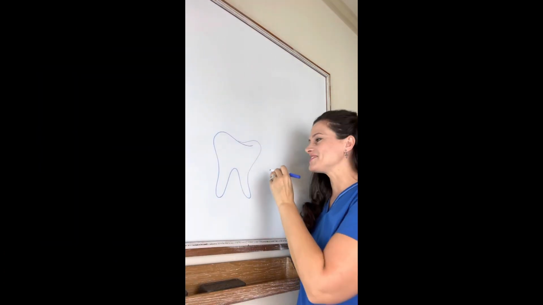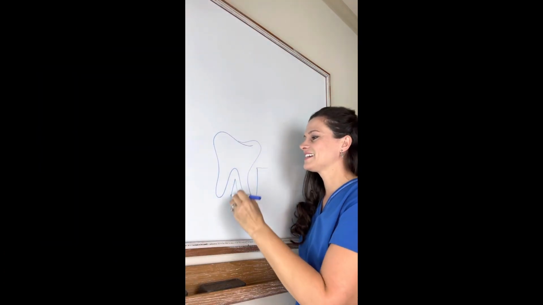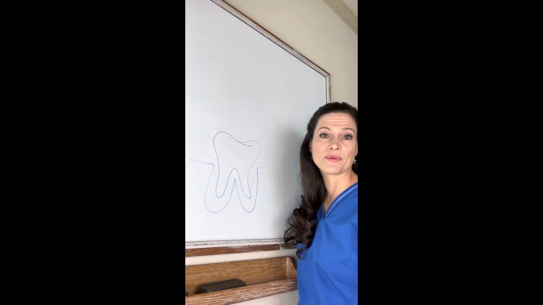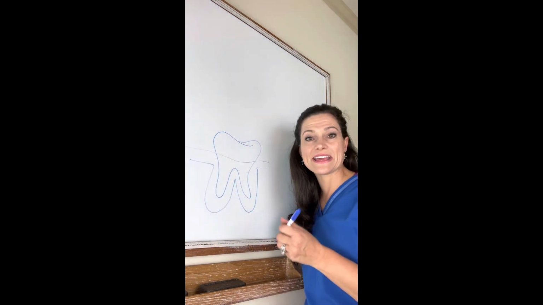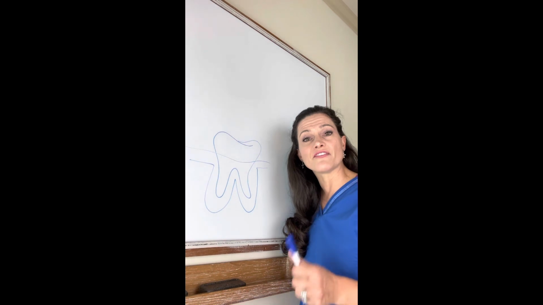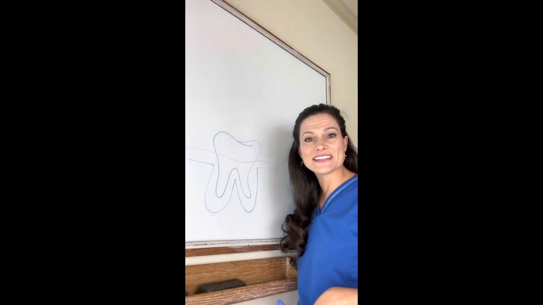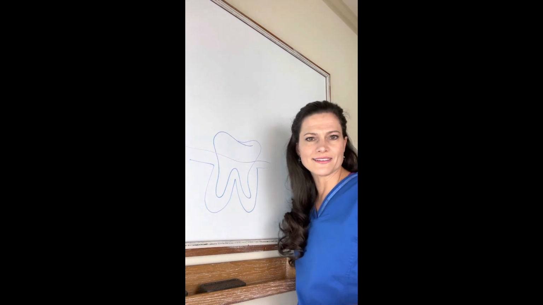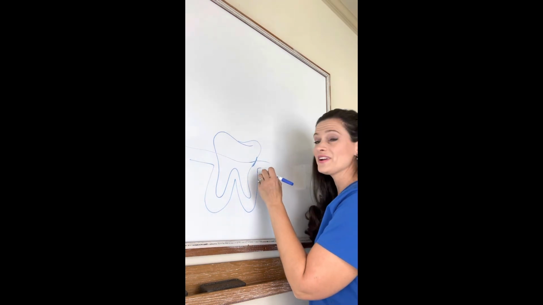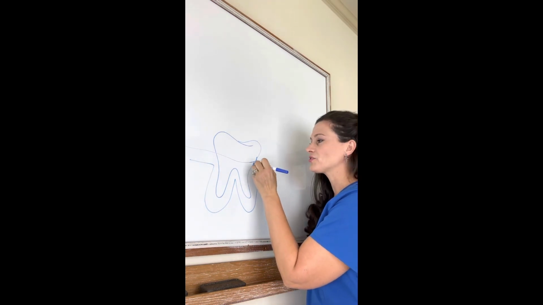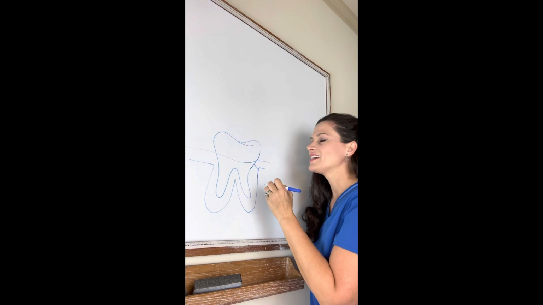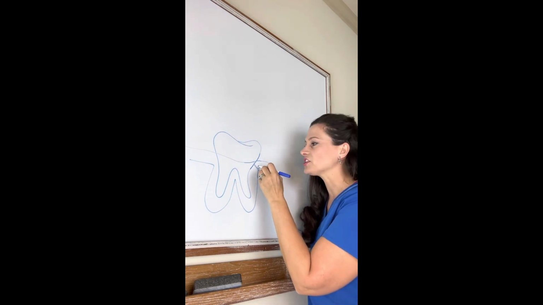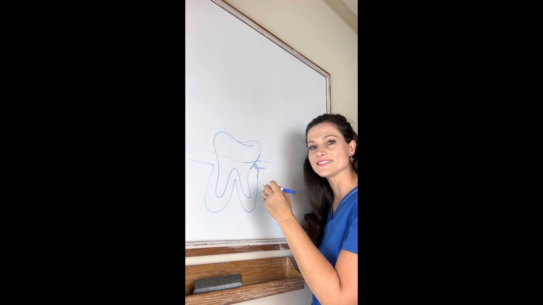Okay, so we have our tooth and the alveolar bone. Okay, we're going to name the different groups of principal periodontal ligaments just because, why not? So up here at the top, we have the alveolar crest group. Then we have the horizontal group.